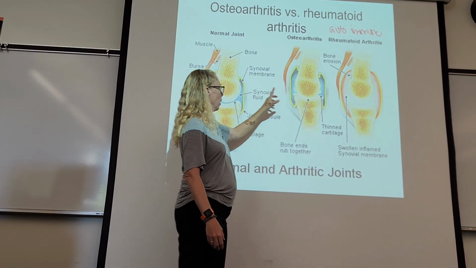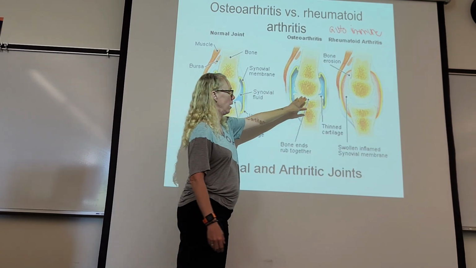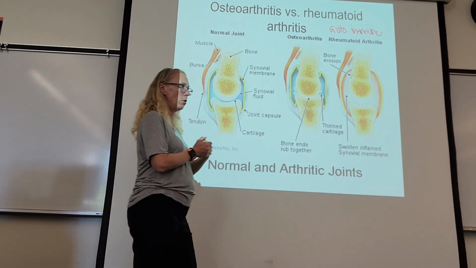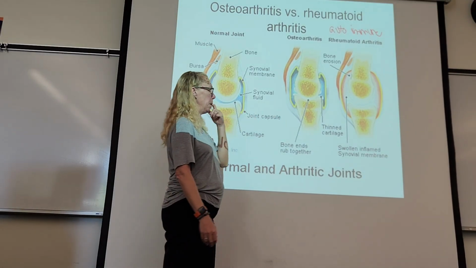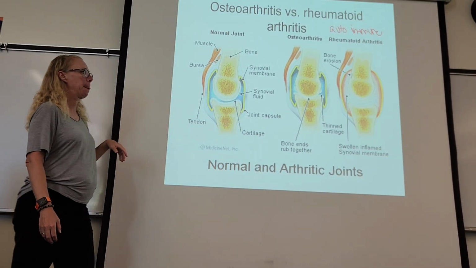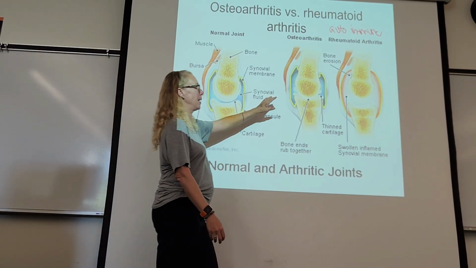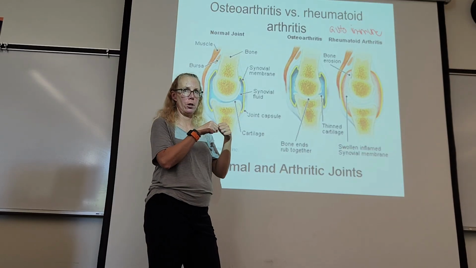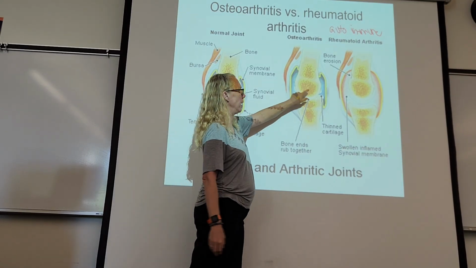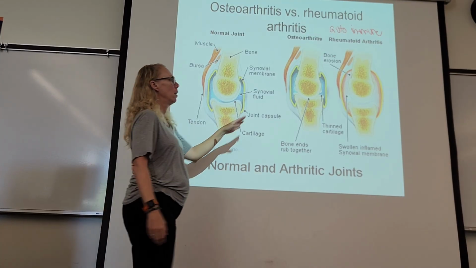The articular cartilages, which are nice and healthy in a normal joint, have been eroded and are now compressing each other with no cushion. There's a reduction in synovial fluid, and it causes pain. It causes bone spurs, excess bone from all the rubbing. All that rubbing creates friction and your body starts to lay down other little pieces of bone. Bone spurs are very painful.